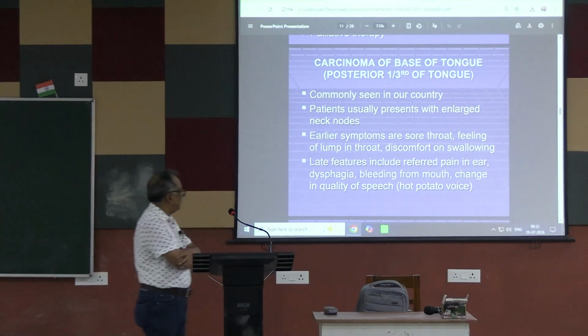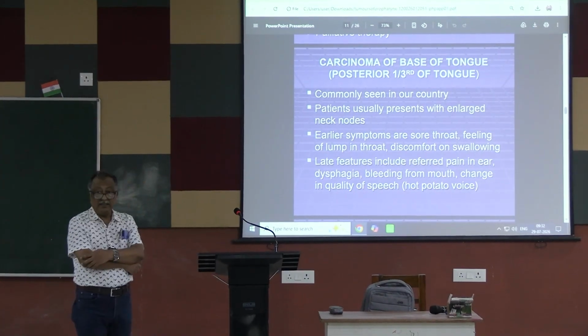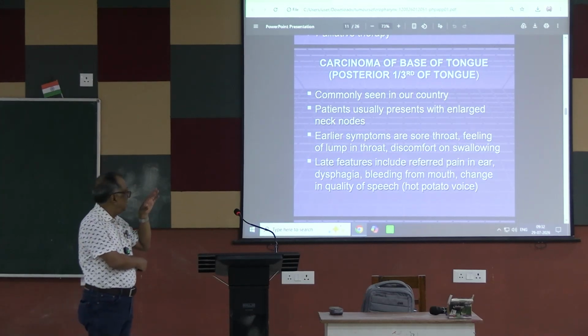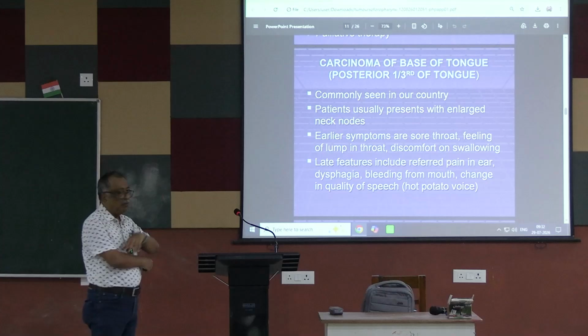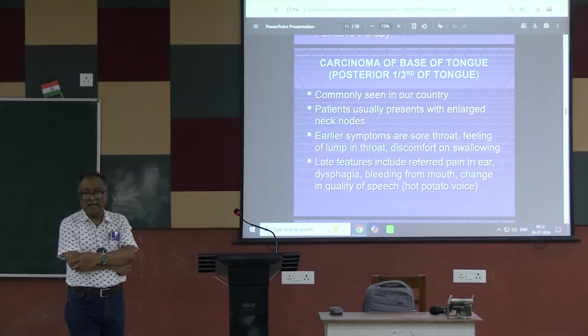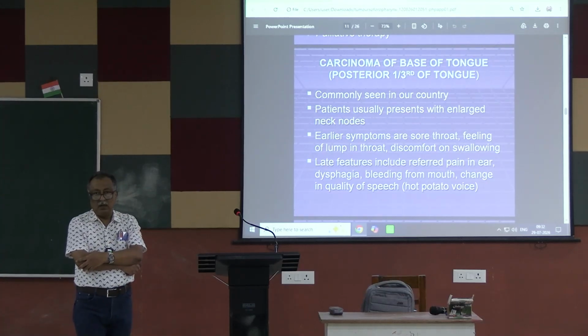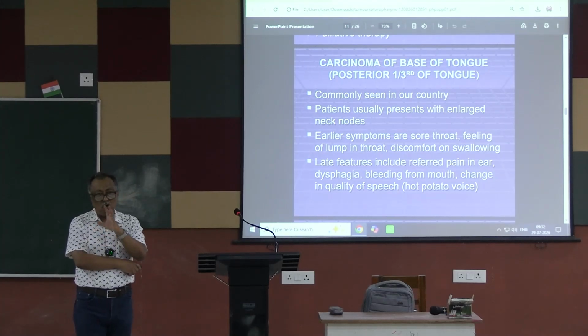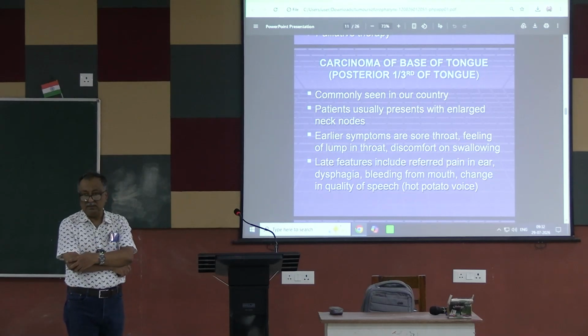Now, carcinoma base of the tongue, why is it important? Because its percentage of occurrence is highest among these. Not only that, in our postgraduate period, we very frequently got a long question known as the primary occult.